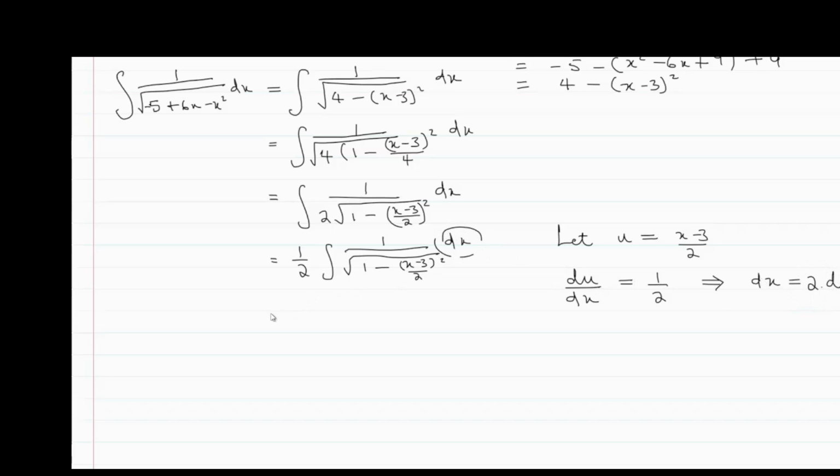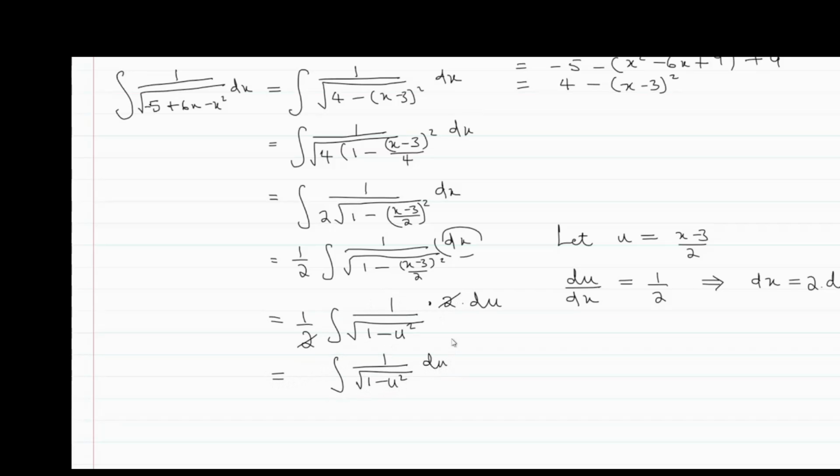When we do that, we have our problem as 1 over root of 1 minus u squared, with x minus 3 over 2 now substituted by u, and dx replaced by 2 du. You realize that the half and the 2 cancel out, so eventually we have our integral as 1 over root of 1 minus u squared du.